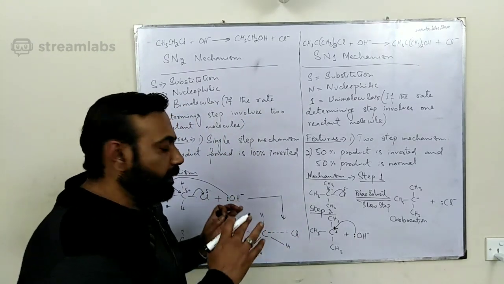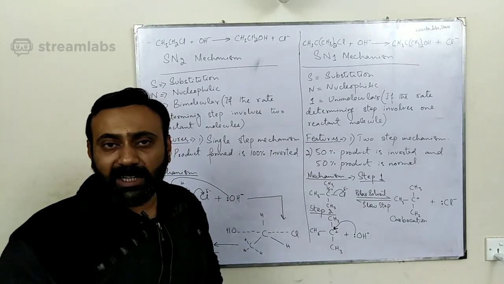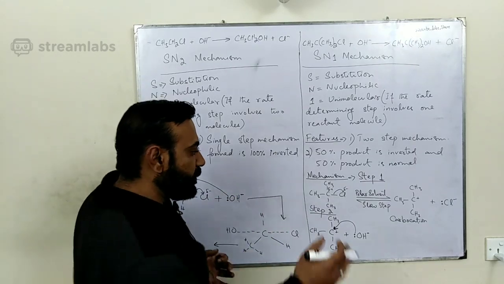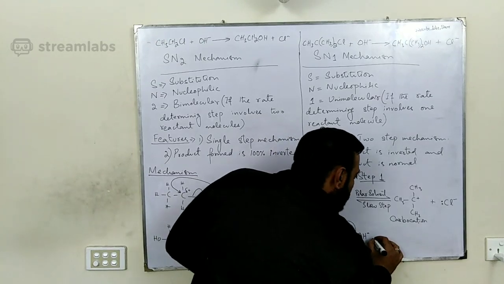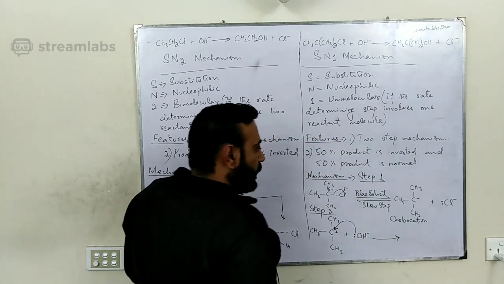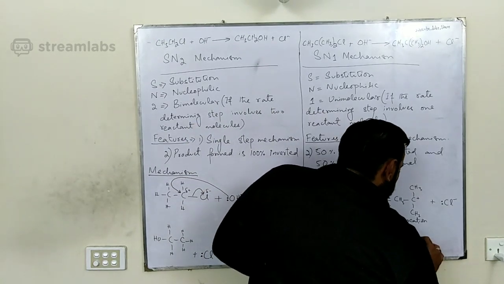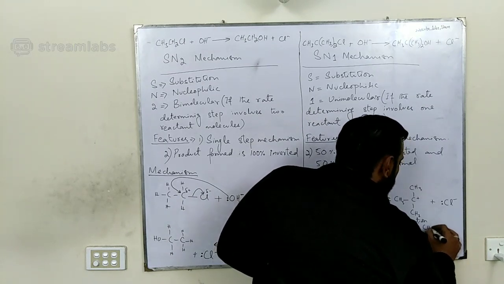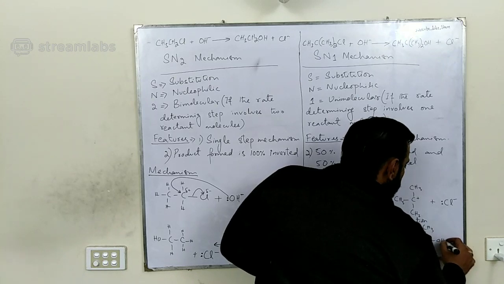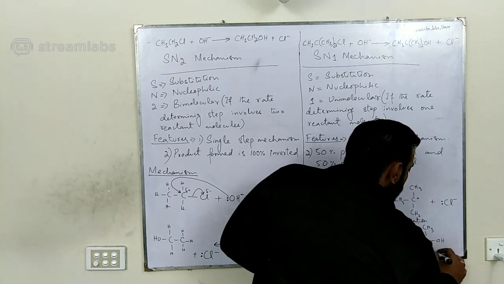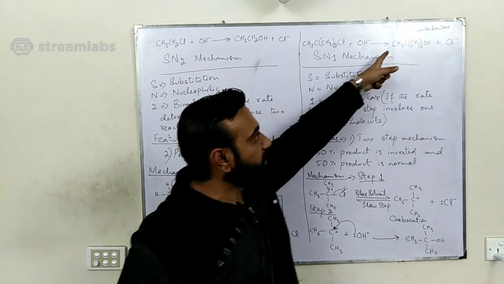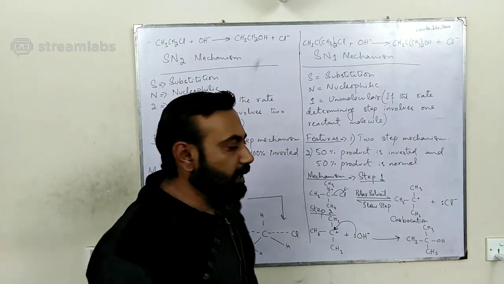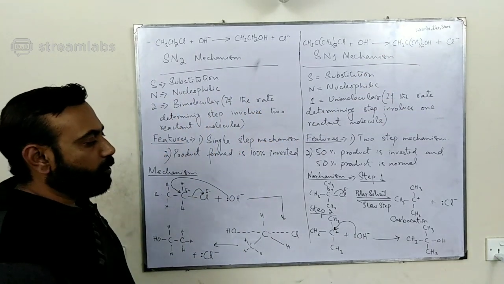The negative radical was already detached. So this will form a bond with this carbon atom, and the product will be obtained. This is the exact same product. This is 2-methyl propan-2-ol.